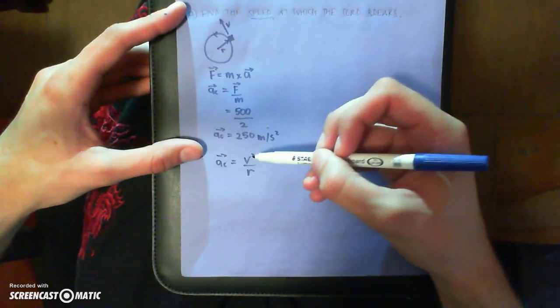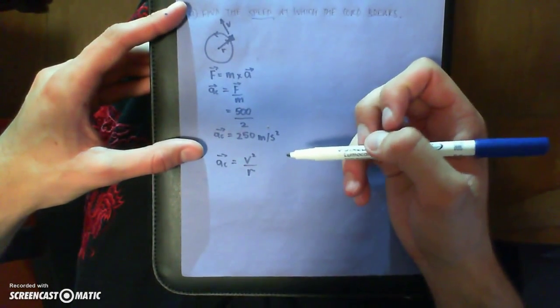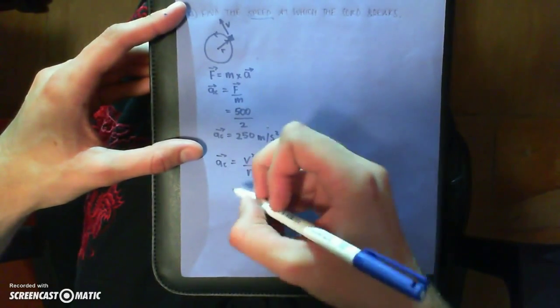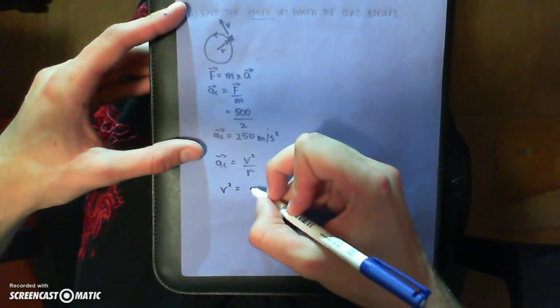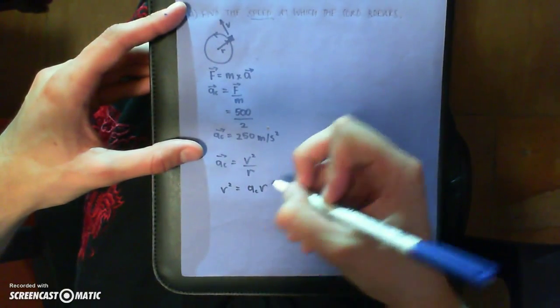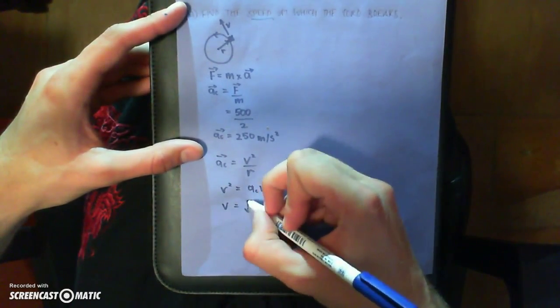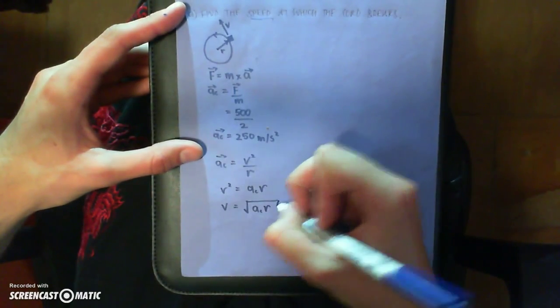And we know we need to find the value, the speed. We need to find the speed, which is related to this term here, so we can rearrange the equation. So v squared equals a times the radius, and v is equal to the square root of the acceleration that we worked out before times the radius.